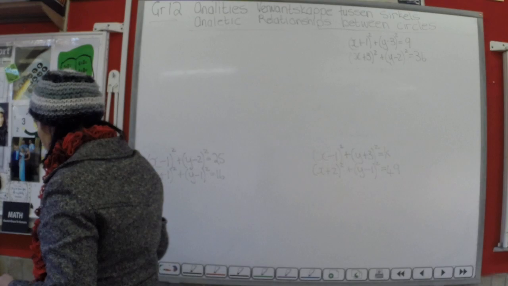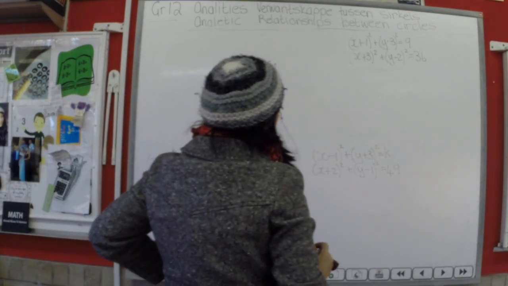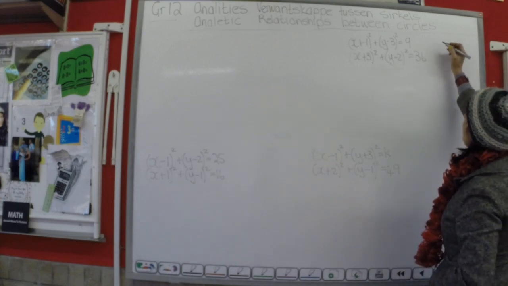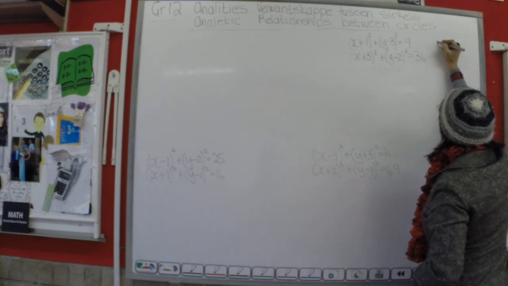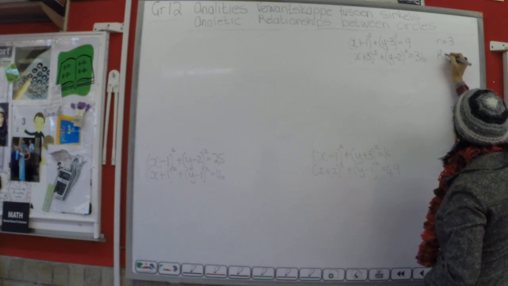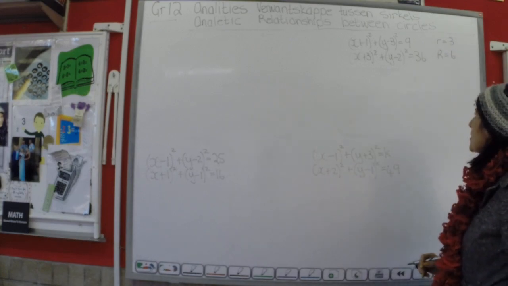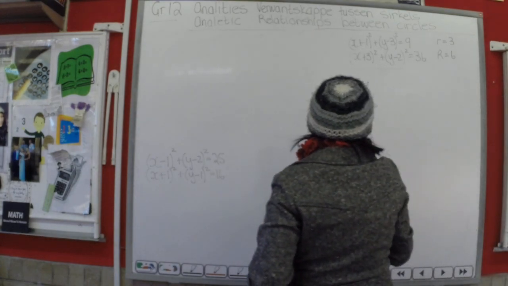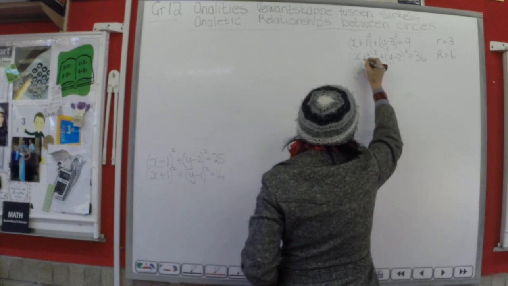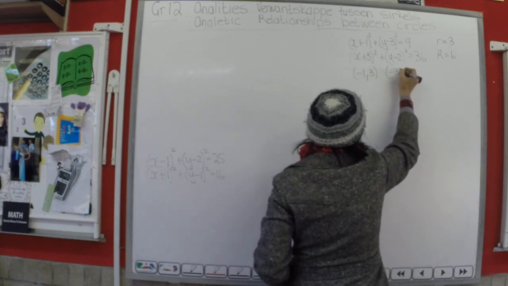So kom ons gaan werk gou uit. Eerstens, kom ons gaan kyk, hierdie 2 is klaar in standaard vorm. So ons het hierso 'n klein radiusie wat die wortel van 9 is, and then we've got a big radius and that equals 6, the square root of 36. The midpoints, we've got a minus 1, 3, and over here we've got a minus 3, 2.